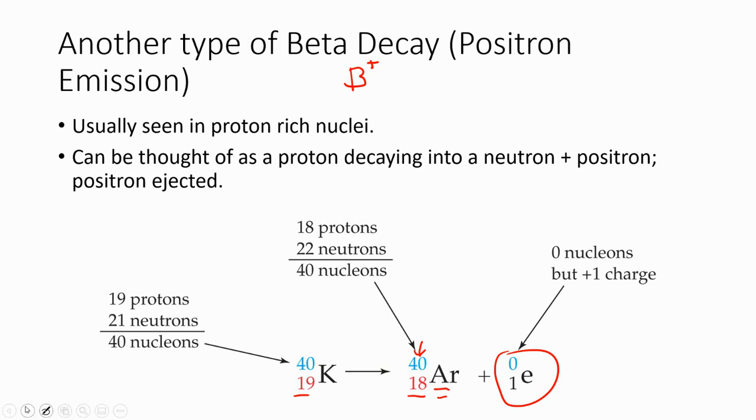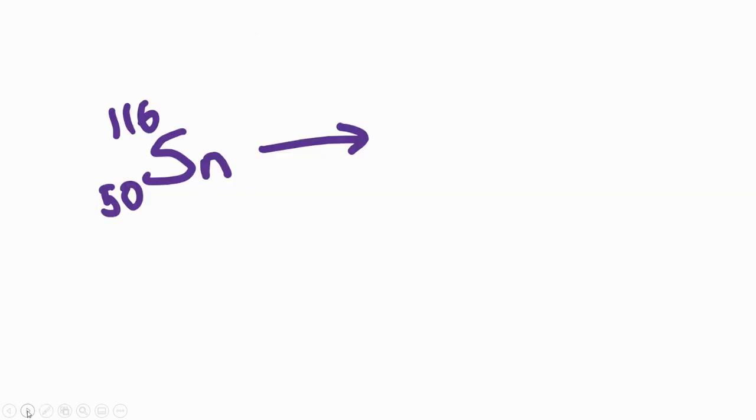So let's try one for ourselves. We're looking at tin-116. It's got 50 protons and, let's count them, 66 neutrons. But we're saying we have too many protons in this particular case. And so a proton changes into a neutron and a positron.